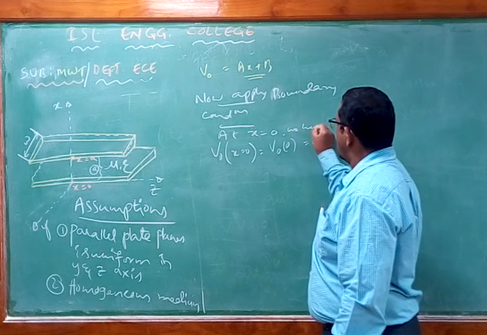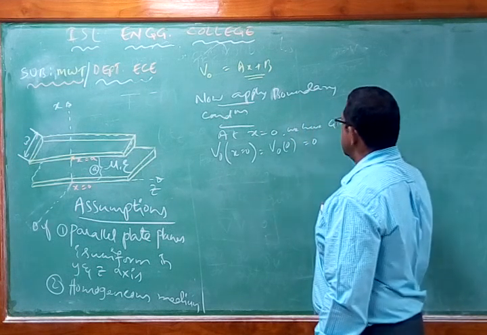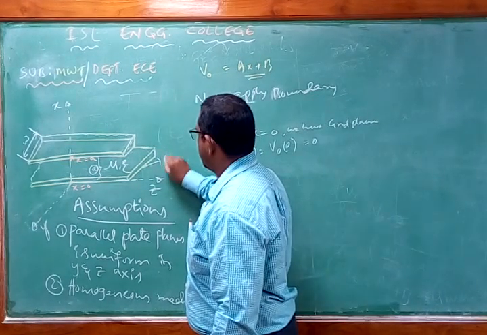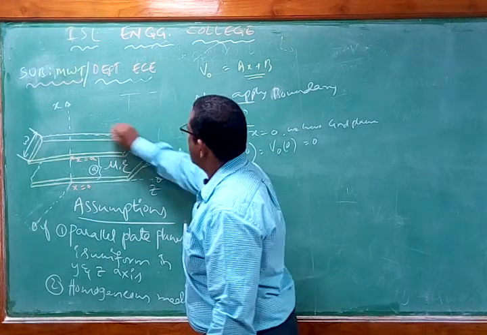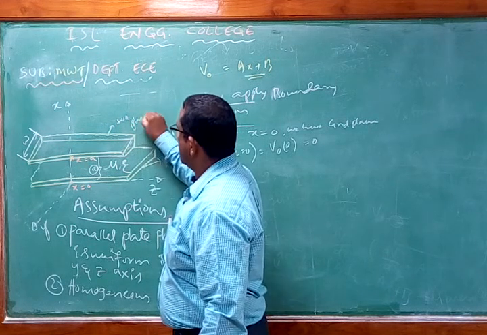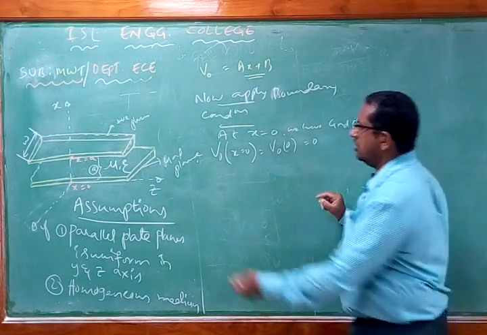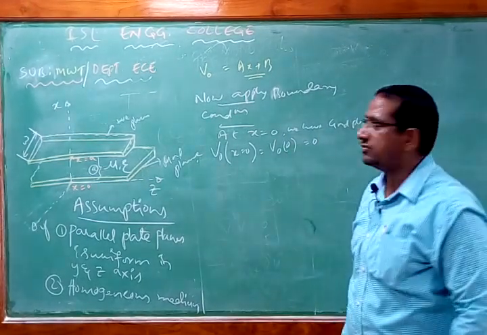I can take this plane as a ground plane, and this is the positive plane. So we consider two planes. Therefore at x is equal to 0, because it is a ground plane, the potential will be equal to 0, as we already know.